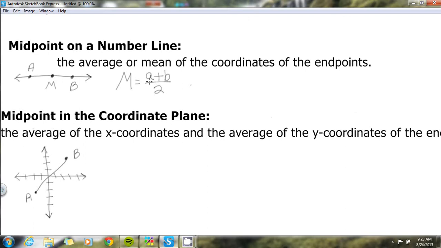For example, let's say that point A's coordinate is -4 and point B's coordinate is 9.